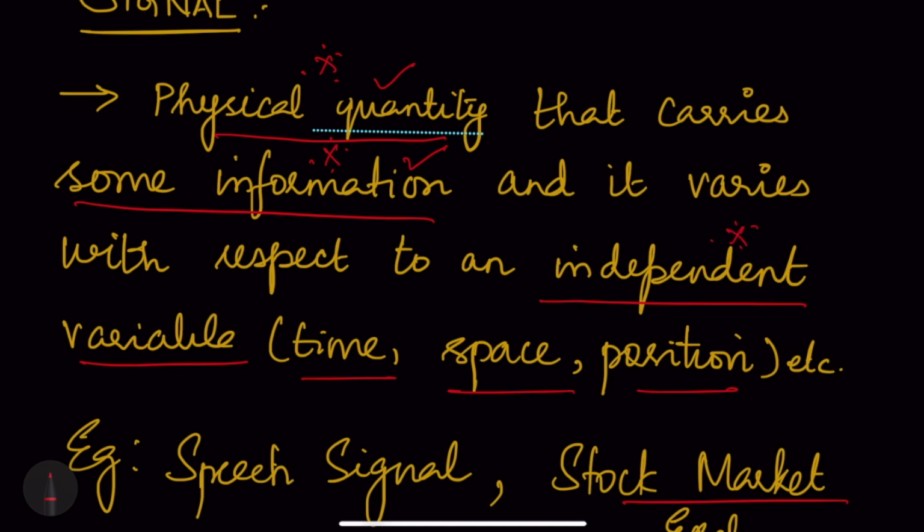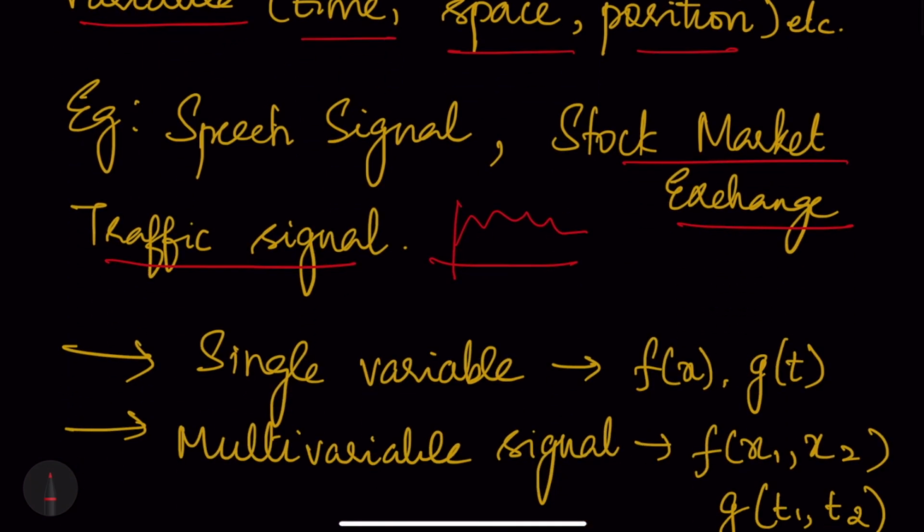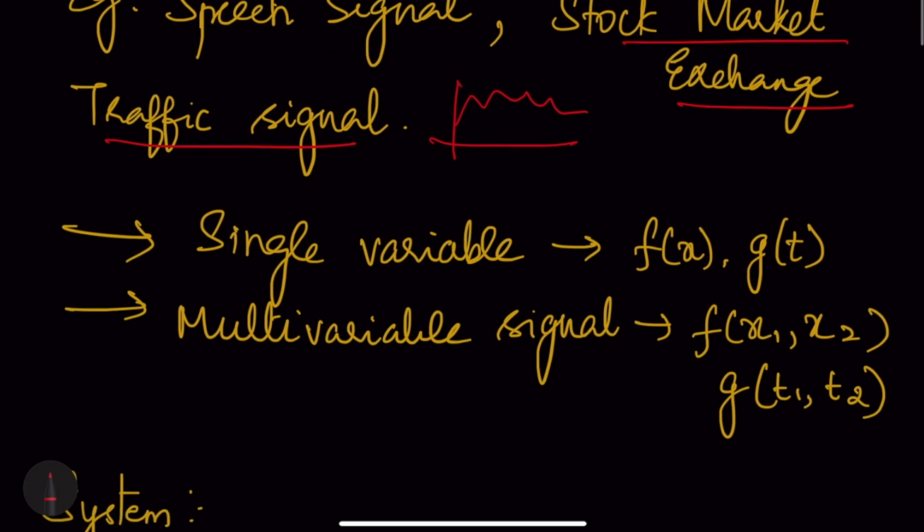Again, in signals there are two types. One is single dimensional and another is a multi-dimensional signal. If I talk about a single dimensional, which means one dimensional signal, it is a function which depends only on a single variable. For example, either f of x or g of t. t is an independent variable here.